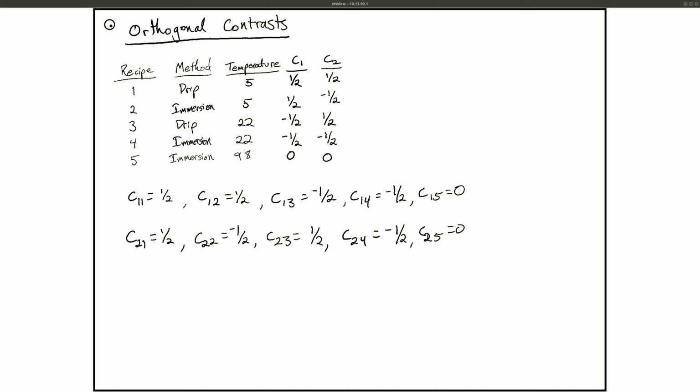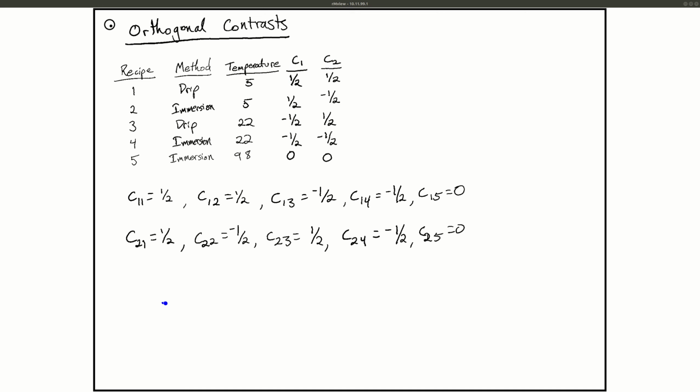So here is where we start talking about what we mean by orthogonal. A set of contrasts, so call each contrast C sub j, are said to be orthogonal. We have C1 and C2. If the dot product of the contrasts is equal to 0. So what do we mean by the dot product?